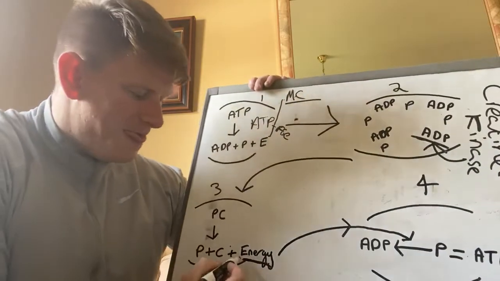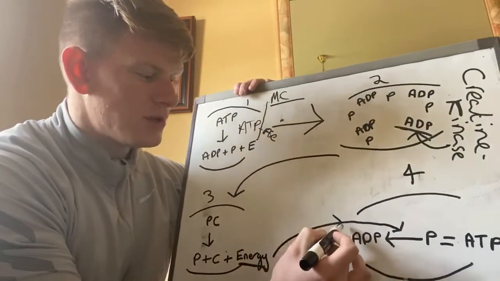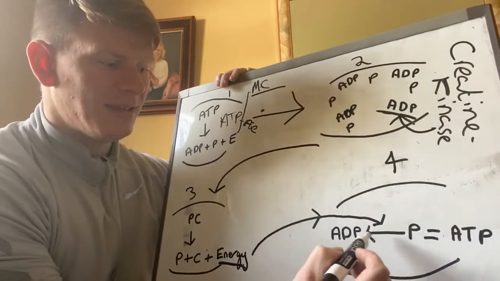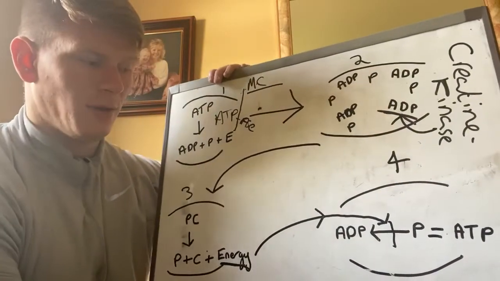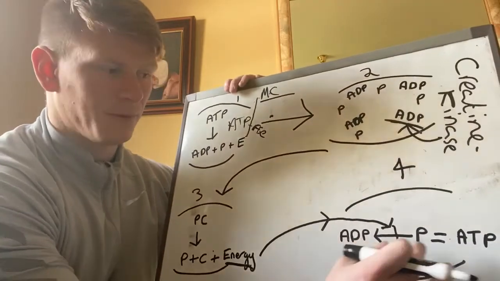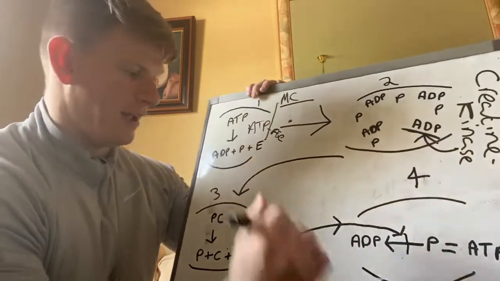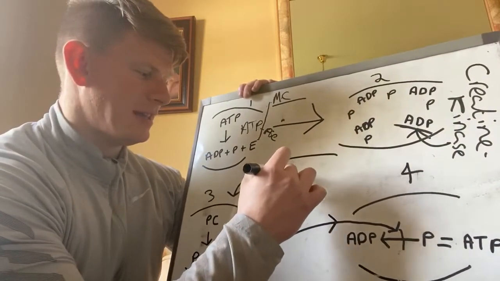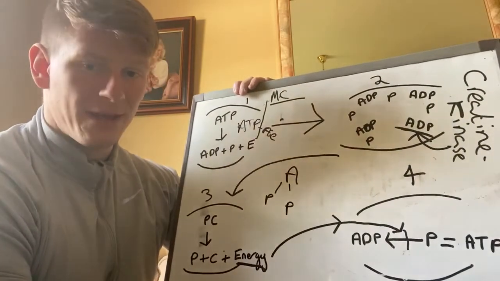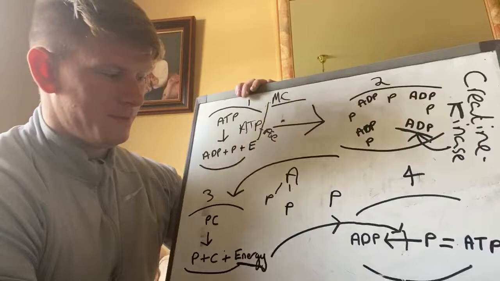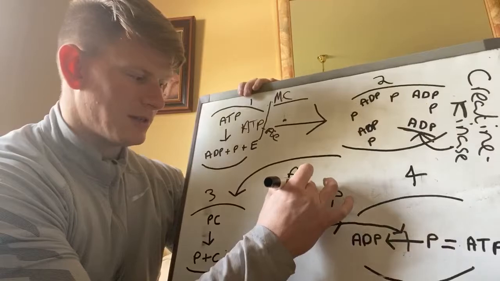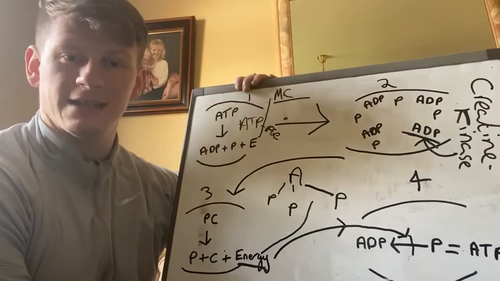This energy is used to resynthesize ATP through this ADP plus P. This energy is sticking back ADP and P together to form ATP again. If you were to draw it: adenosine, a phosphate here, a phosphate there, that's ADP, then a phosphate there. This energy is used to do this, and it becomes ATP again.